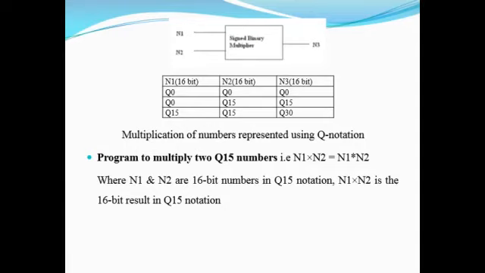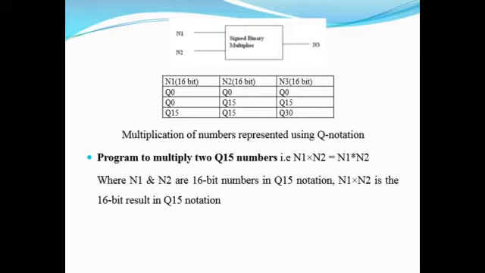So we take one more example, a signed multiplier, where we are going to consider two values to be multiplied, n1 and n2, and n3 is the resulting value. So n1 is a 16-bit representation, n2 is 16-bit, n3 is 16-bit. If I consider Q0 format, normally we say Q0, Q7, Q15.